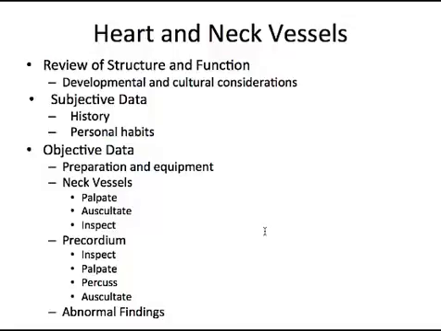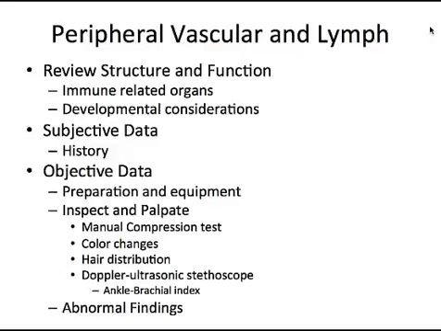So you're going to look at the neck vessels, palpate, auscultate, and inspect them. Again, the precordium, inspect, palpate, percuss, and be aware of any abnormal findings that you might have and what you would do with those.